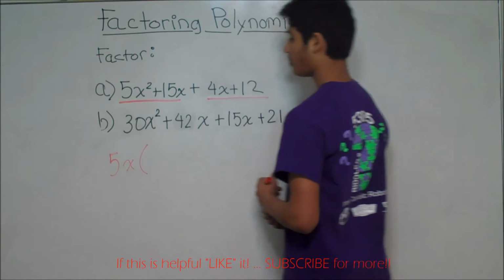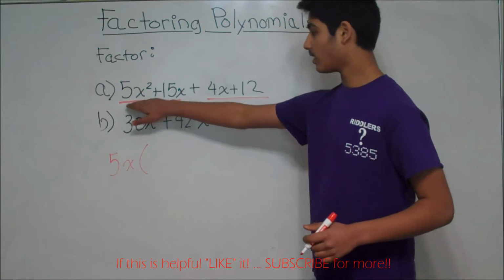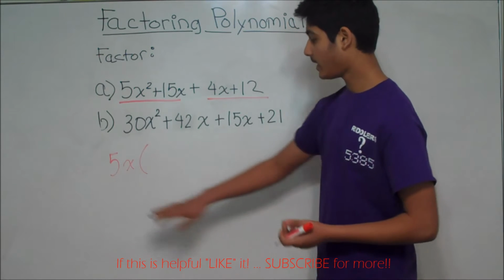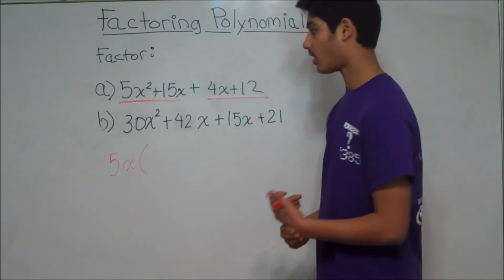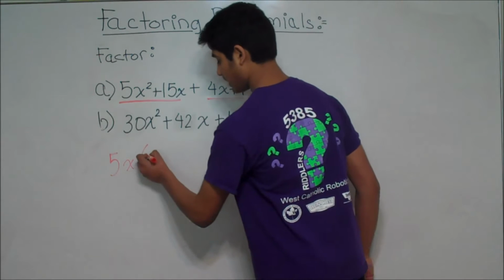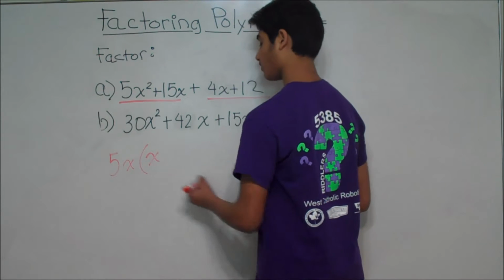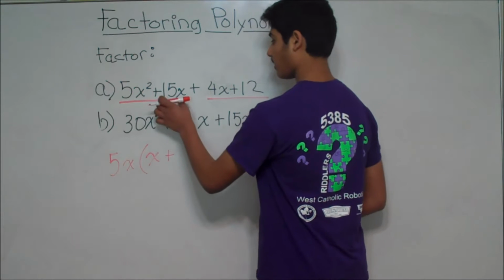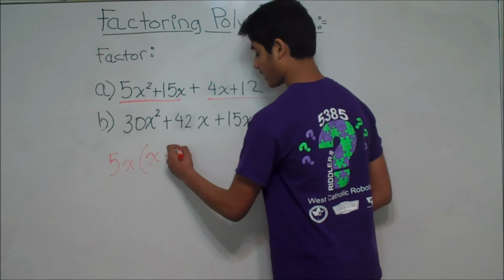Now we have to divide each of the first two terms by 5x, our greatest common factor. 5x squared divided by 5x is x, plus 15x divided by 5x is 3.